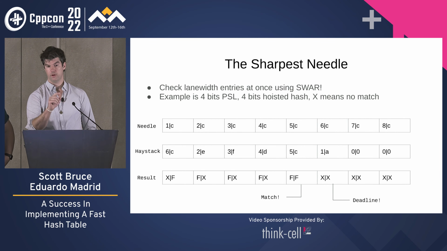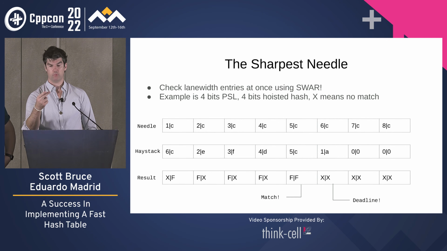So here, the home index is the 0th index, and so the needle has a probe sequence length of 1, and then 2, 3, 4, 5, 6, 7, 8 as normal. And the example haystack, which would be one of the SWAR blocks inside of the table, contains 6 elements. And the one in offset 4 matches.